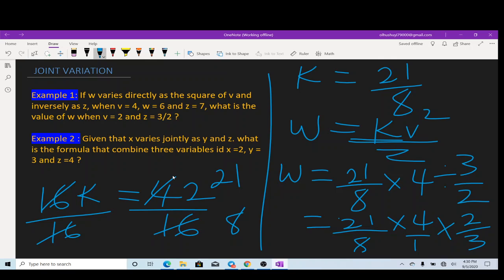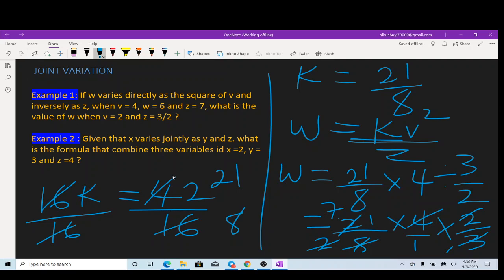Cancelling: 4 and 8 give 2 and 1, then 2 and 2 cancel, 3 and 21 give 7.